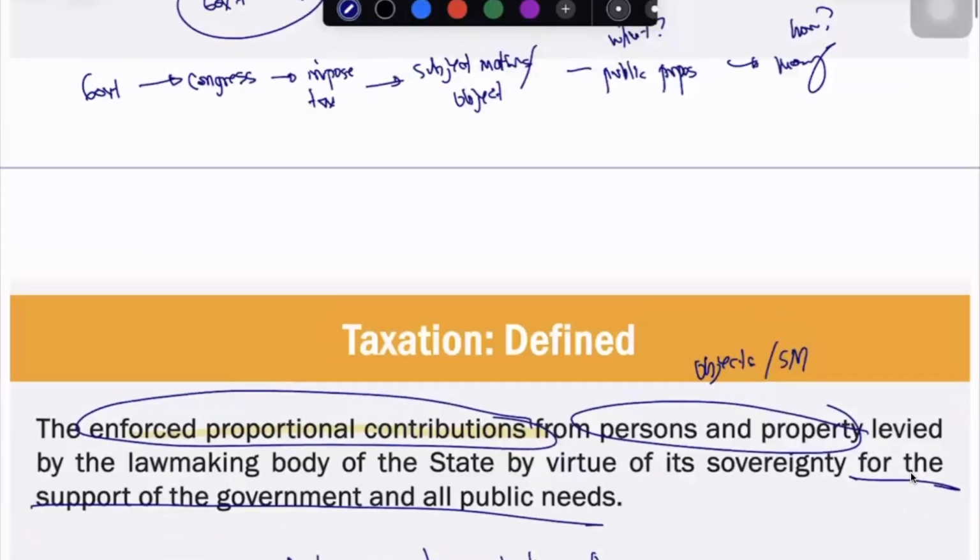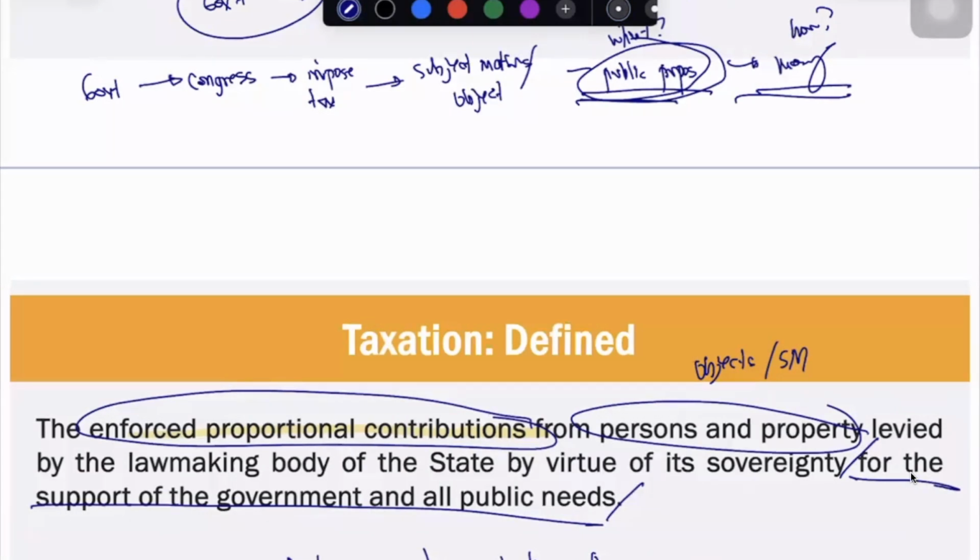If we look into the previous definition, we're talking about the usage of the tax for public purpose, which is payable in money. In this particular definition, we are focusing on the support of the government and all public needs. When we talk about public needs, that is already the public purpose. So what is new here is the support of the government.